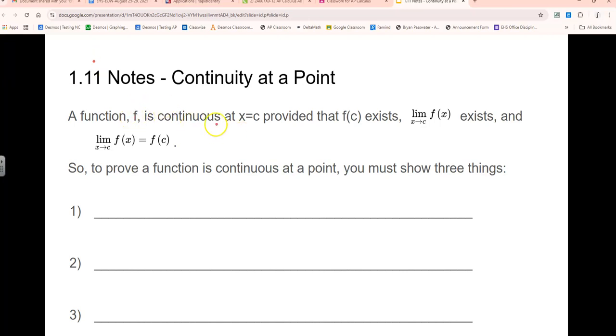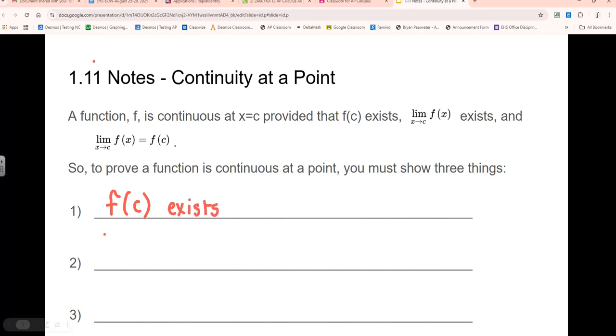A function f is continuous at a point x equals c, provided that f of c exists, the limit as x approaches c of f of x exists, and the limit equals the value of f of c. So those three things broken down, you must show that f of c exists.